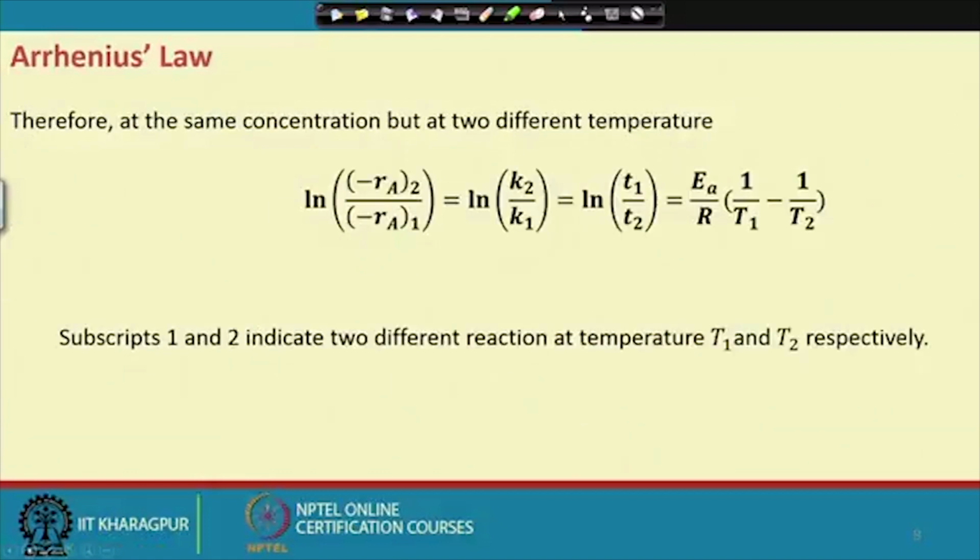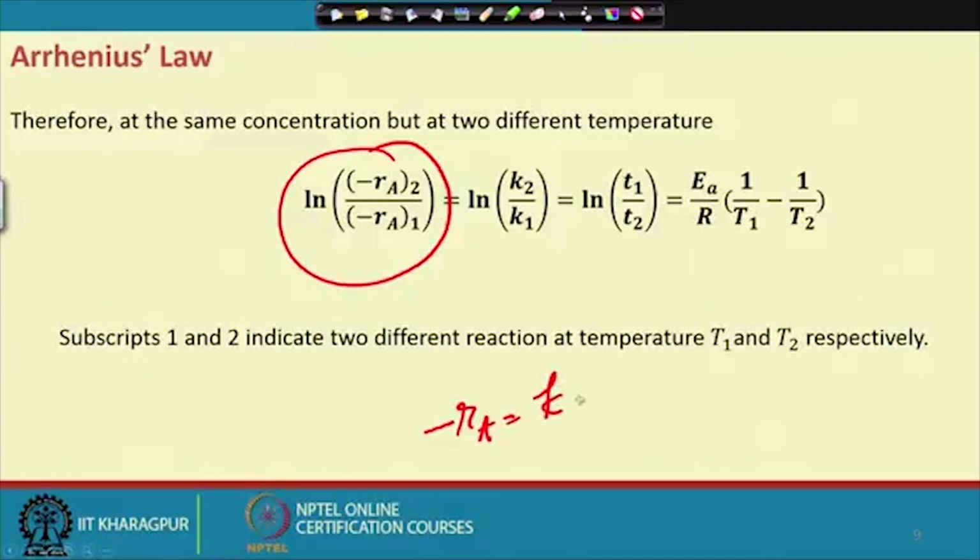Now, if you take this Arrhenius equation into consideration, then we will find, at two rates, since it is proportional to k, because as I told you, minus rA equals k CA to the power n. Am I right? So it is proportional to this. In the Arrhenius equation we have also written k equals A e to the power minus Ea by RT.